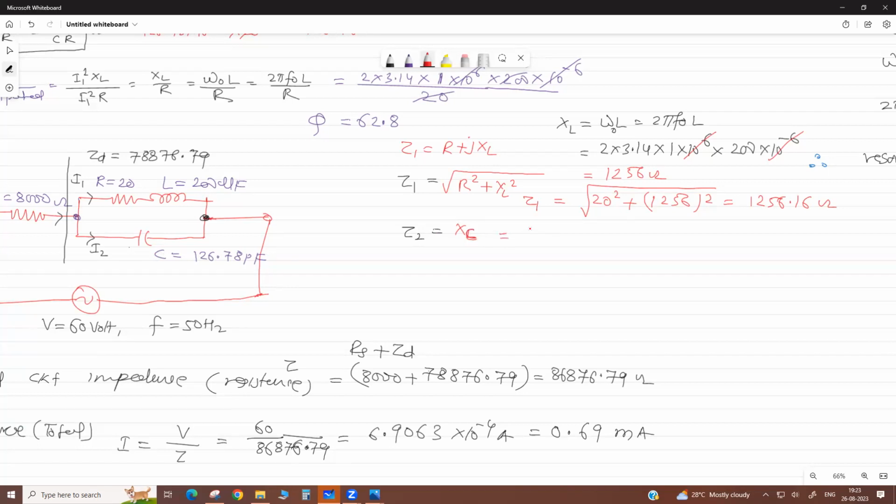Okay, it is 1 by omega C, or it is 1 by 2 pi F naught C. Put the values. 2 into 3.14 into F naught, which is 1 into 10 raised to power 6.